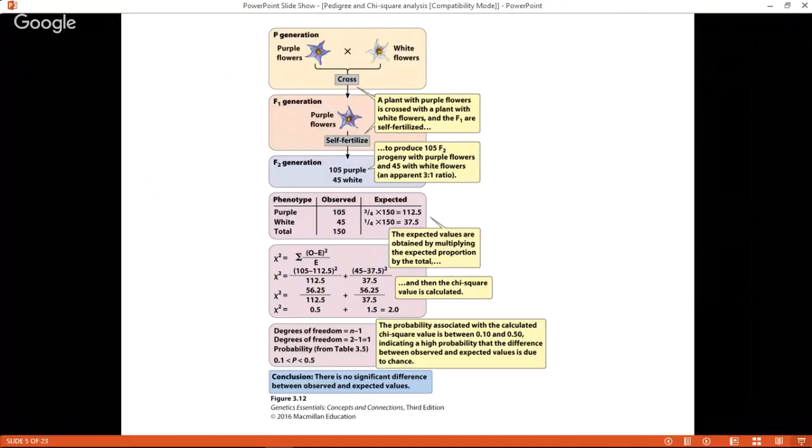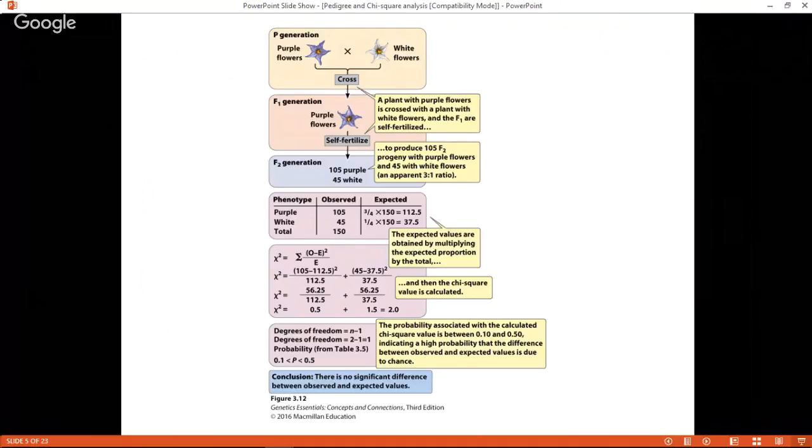Once you get the total progeny, you want to do the phenotype, the observed, and the expected. We know that the phenotype is purple and white. We got that from the P generation. The observed is 105 for the purple and 45 for the white. We got that information from the F2 generation. And the total is 150.